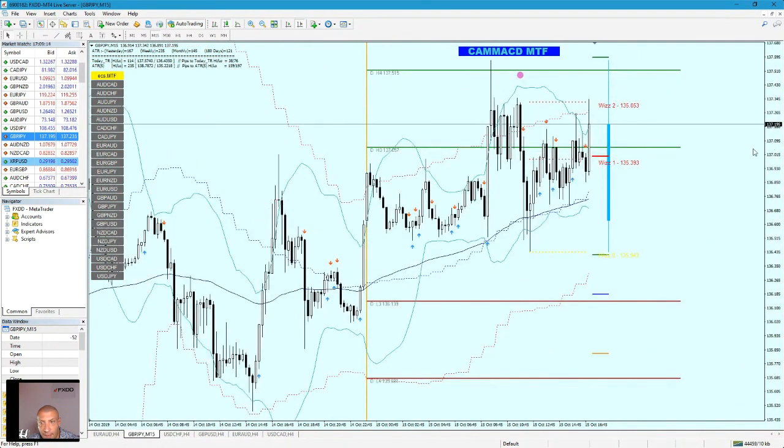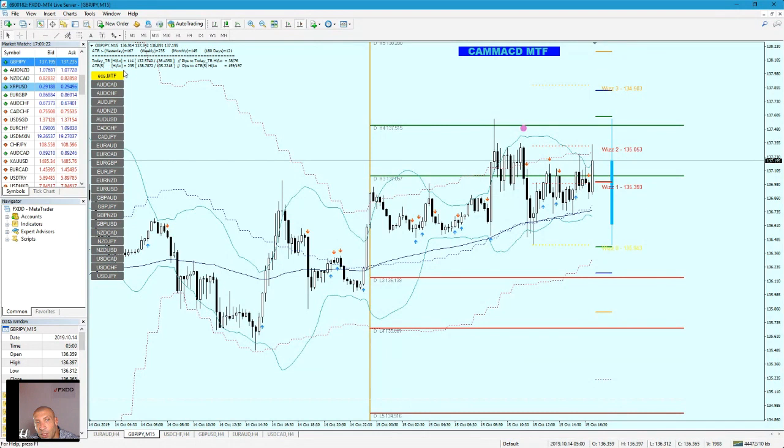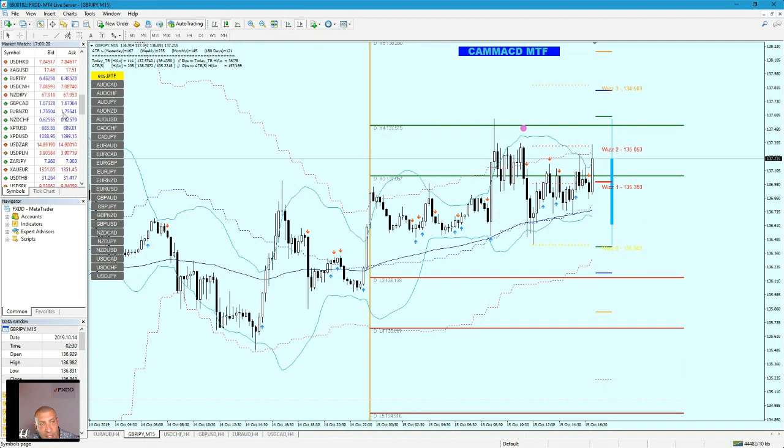Nothing yet. So any pullback will be used to go long on GBP crosses, because all of these GBP crosses show ATR that is bigger than 120 pips. So I might actually go with 15-minute trades. Okay, let me check. That's basically it.